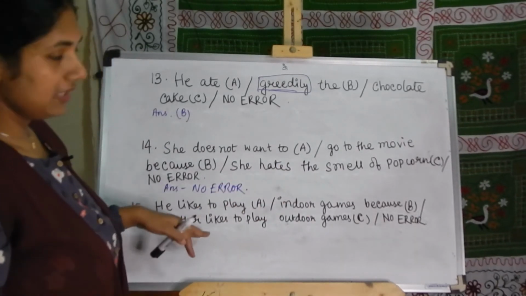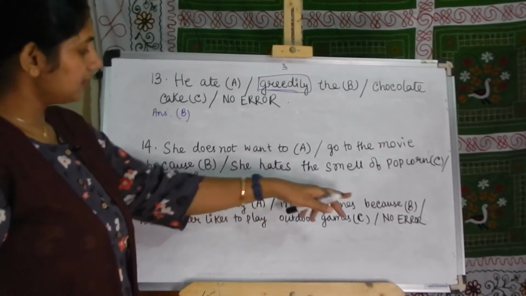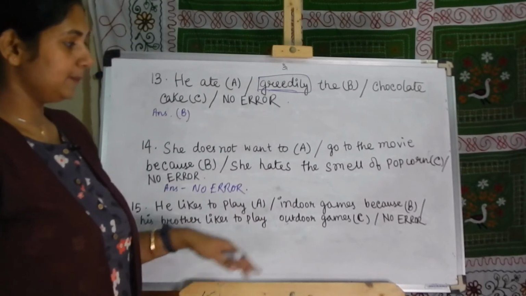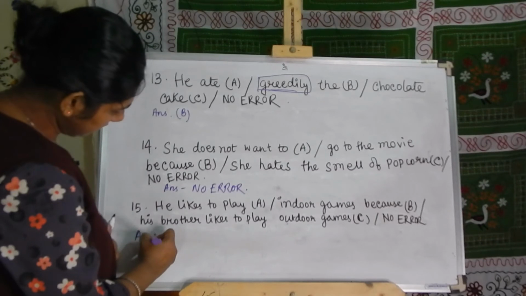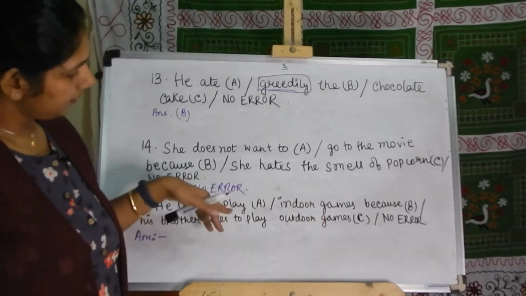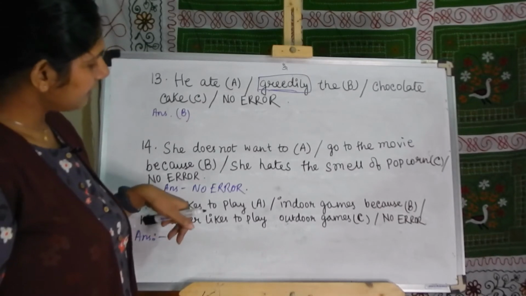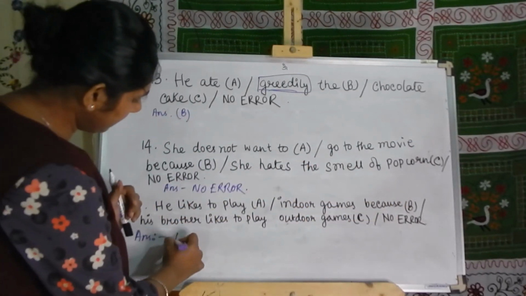Question number 15 and last question. He likes to play indoor games because his brother likes to play outdoor games. Where do you think the problematic part lies? He likes to play indoor games because section number B.